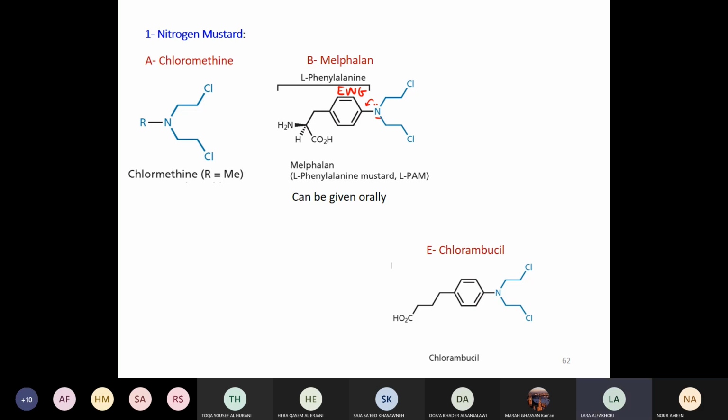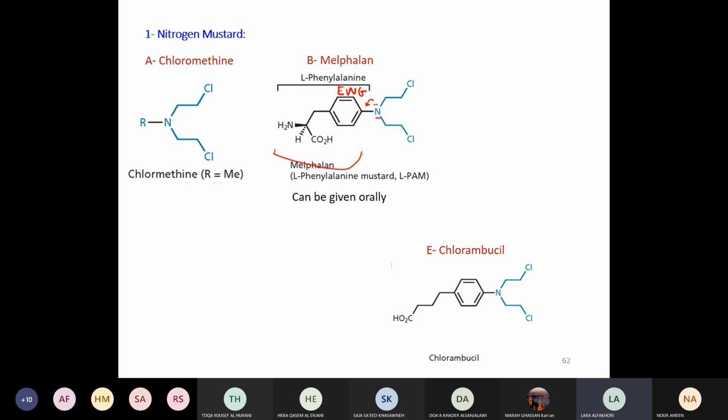Alright. Now, this part of melphalan looks like what? It looks like an amino acid. Of course, they did not add such a group haphazardly or randomly. It was based on the fact that phenylalanine is consumed in cancerous cells more than in normal cells.